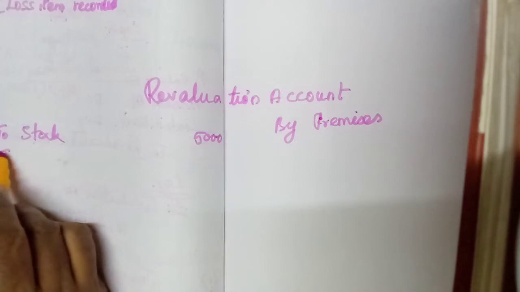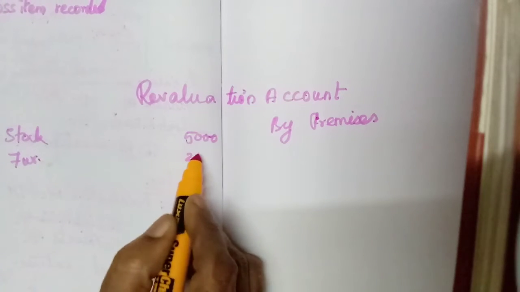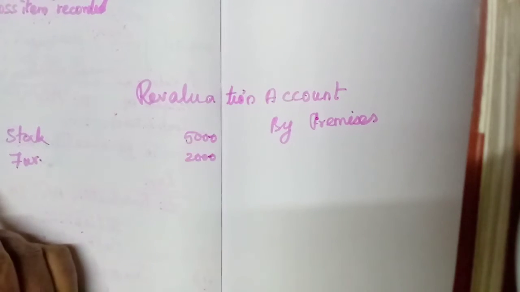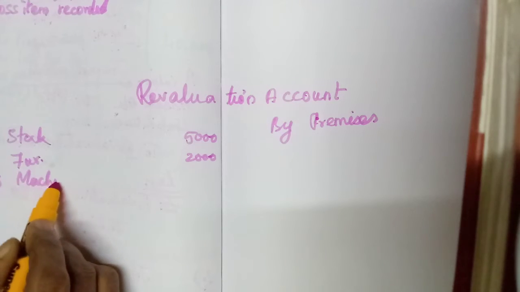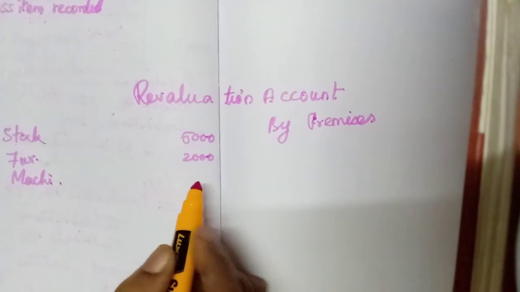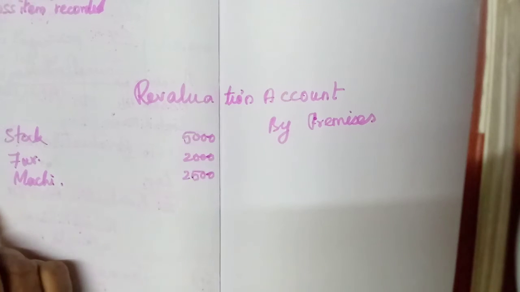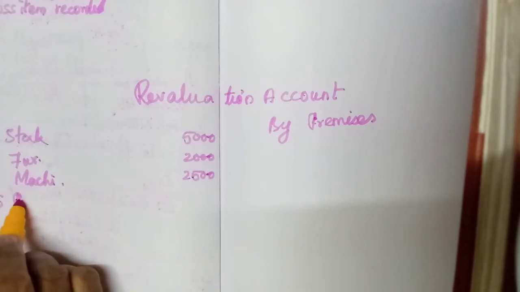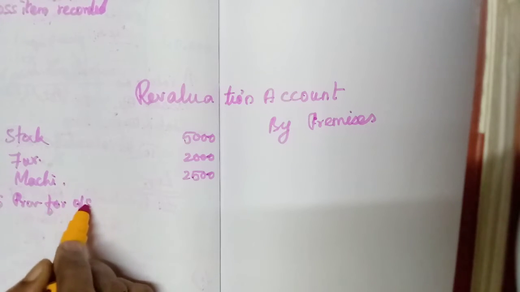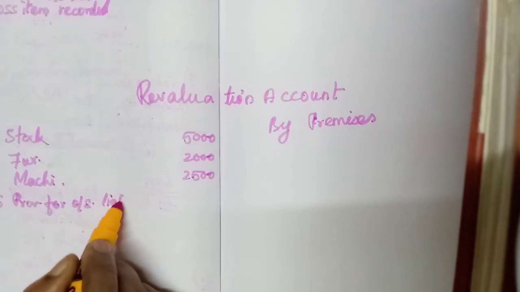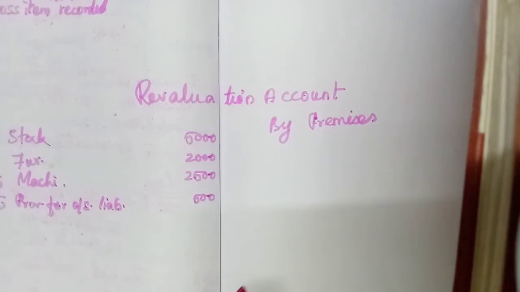Then furniture, 2,000. Machinery, 2,500. Then provision for outstanding liability, 500. Now find out the difference.